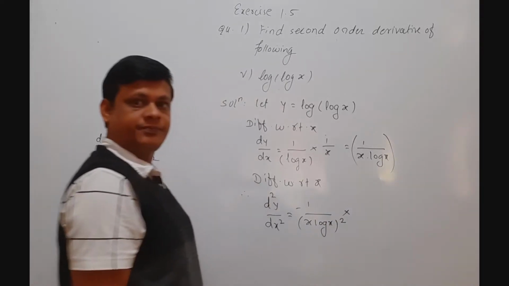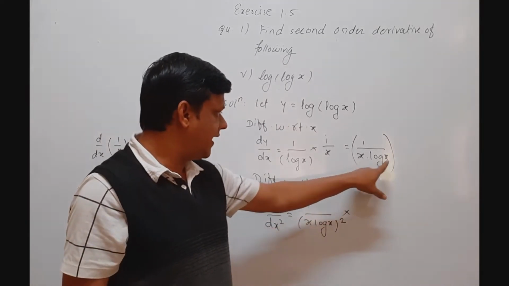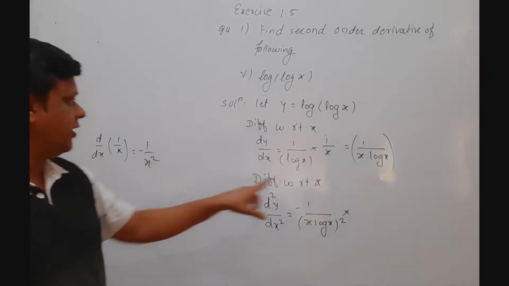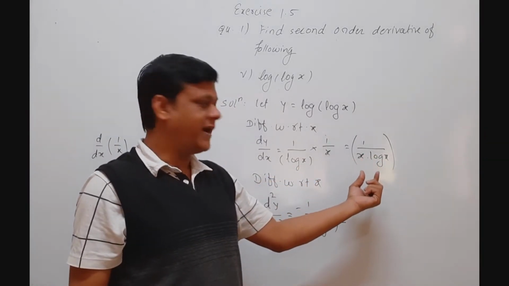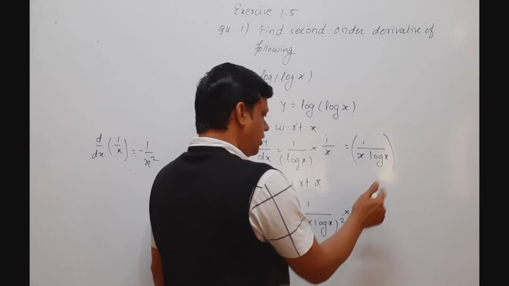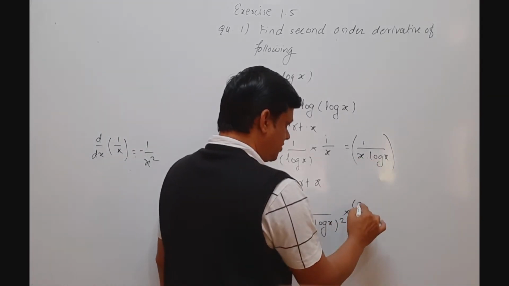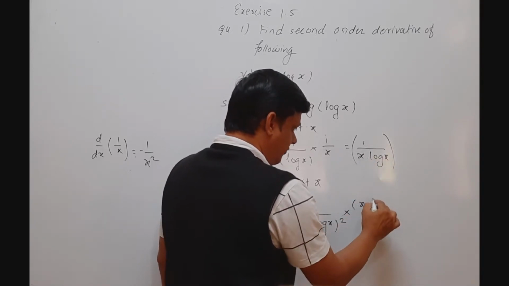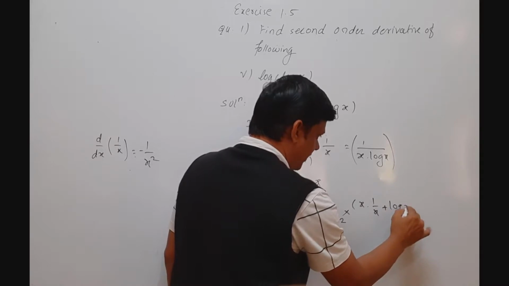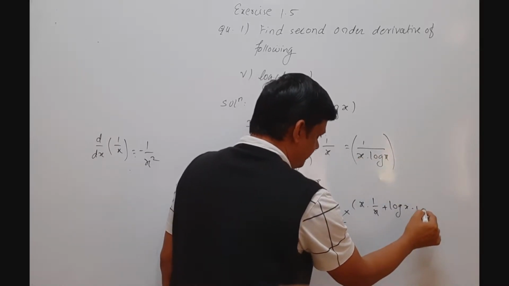into, now we find the derivative of this x log x, because instead of x the value is x log x, that means we have to find the derivative of this x log x. So we have to apply the product rule here. So first function into derivative of second plus second function into derivative of first.